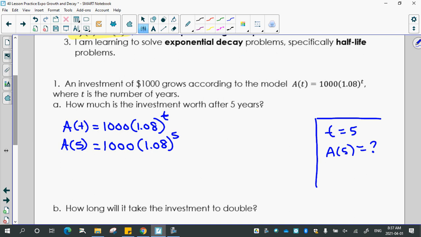And then you got to be able to get that on your calculator. So most calculators you can type in 1,000 times 1.08 to the power of 5 and it will work for you. You should get $1,469, and if you round to 33 cents, it's the amount of money, so you round to dollars and cents.